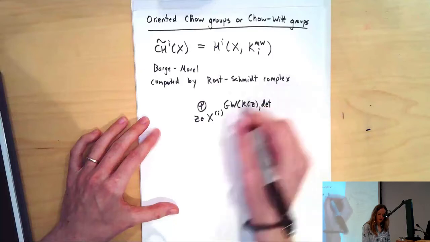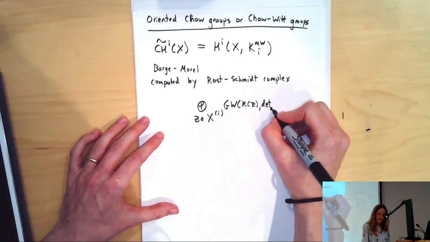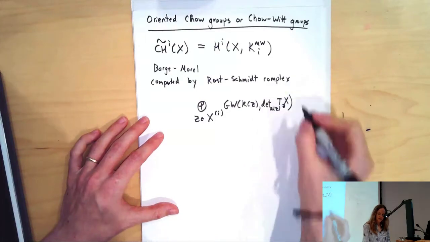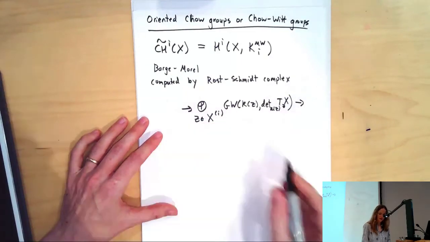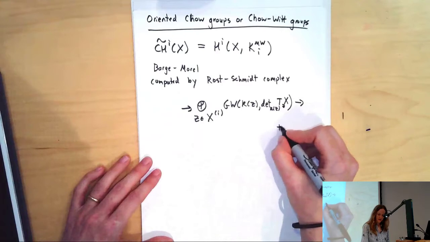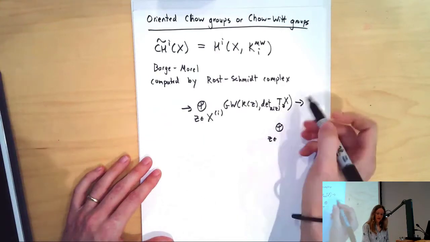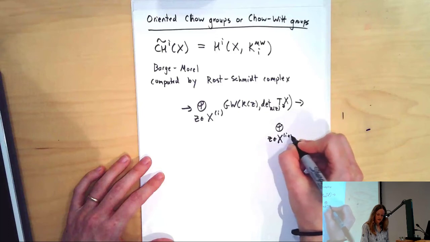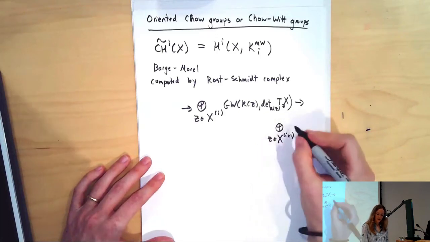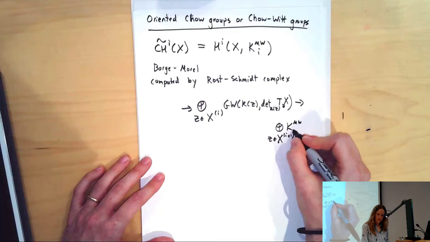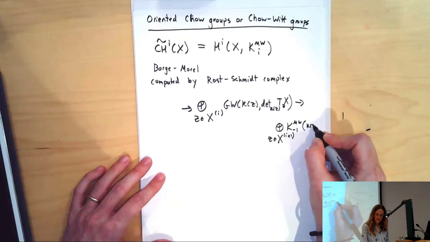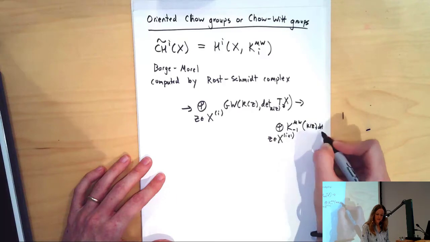So the Z has a generic point, and we could take the highest wedge power of the tangent space to X at Z, and it fits into a complex with these modifications of the residue maps we were looking at previously into K Milnor minus 1 of K of Z with the same determinant.